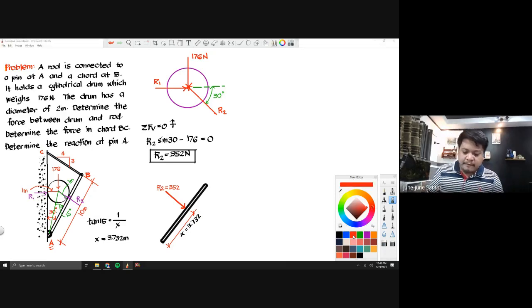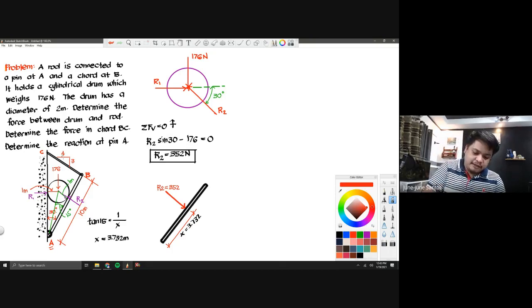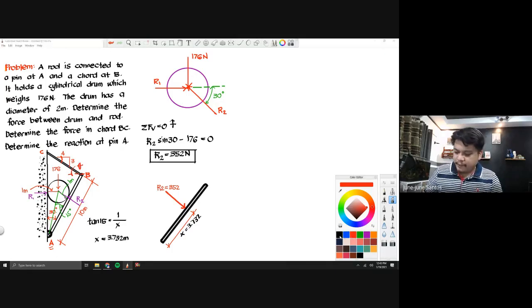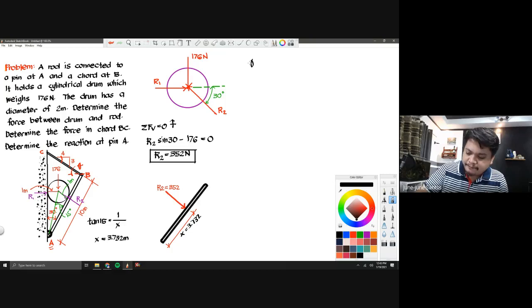The only problem is this BC. Nagbigay siya ng angle. Okay? So ibig sabihin, meron akong angle. So ito yung angle na yon. So pwede ko yung kunin on this part. Okay? So I will have it for the theta. Okay. To get the theta, so tangent negative 1 ko na lang. Okay?